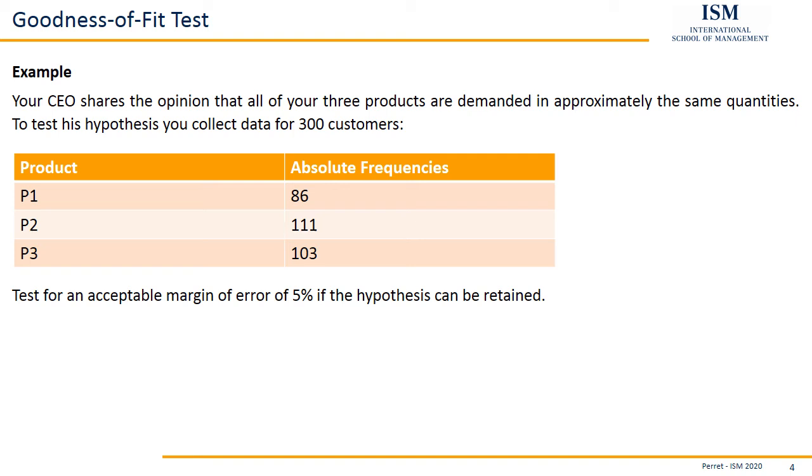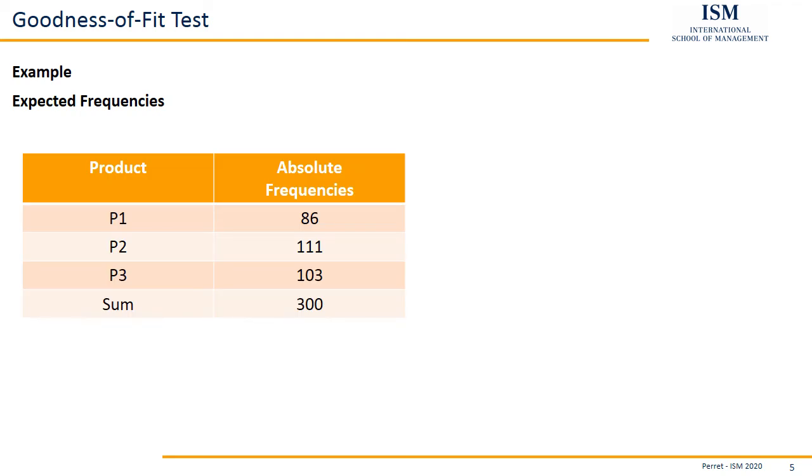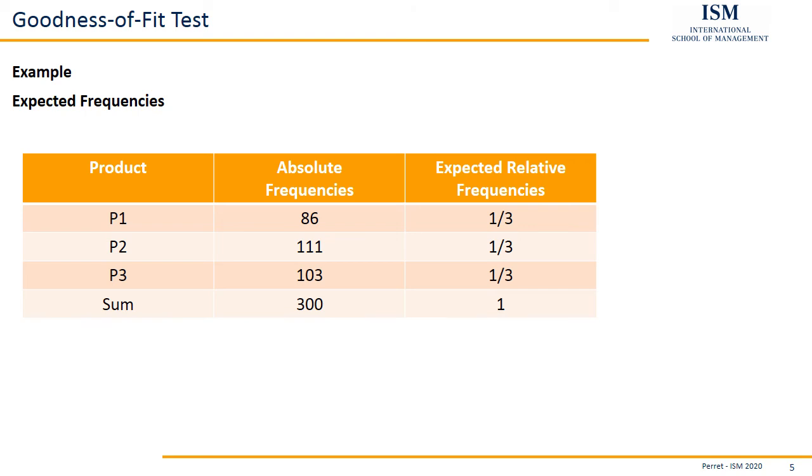Okay, how are we going to go about this? Well, first we extend this table. So we take our table as is and extend this first by an additional column for our expected relative frequencies. So that's actually our distribution. Here it says same share for each product. So this means each product has a relative frequency of 1/3. And I have in total 300 products which are sold.